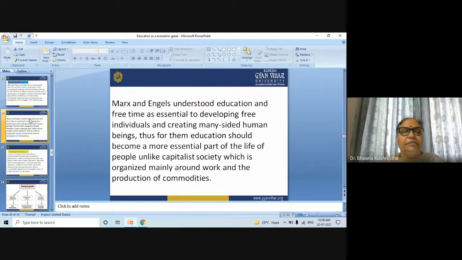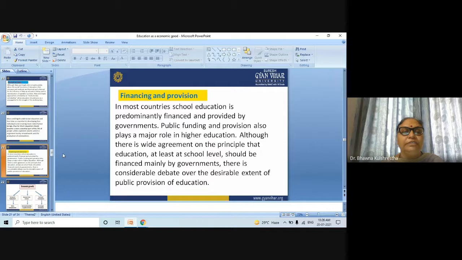And the next is financing and provision. In most countries, school education is predominantly financed and provided by governments.